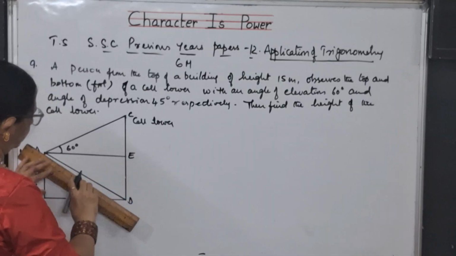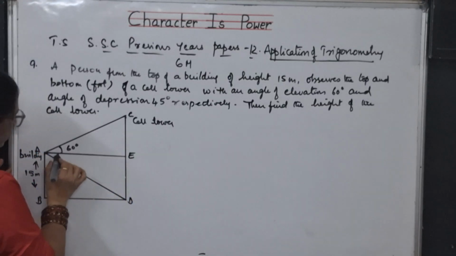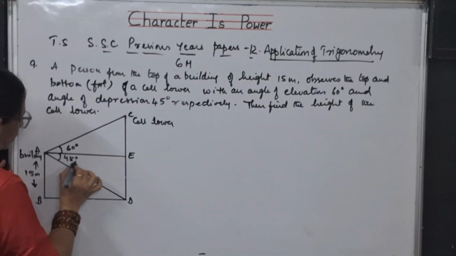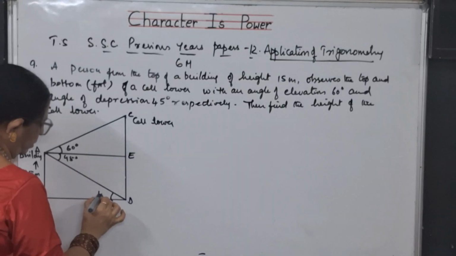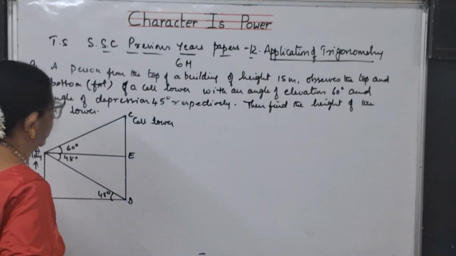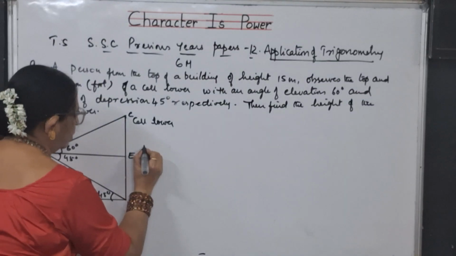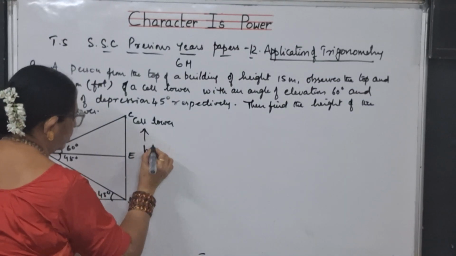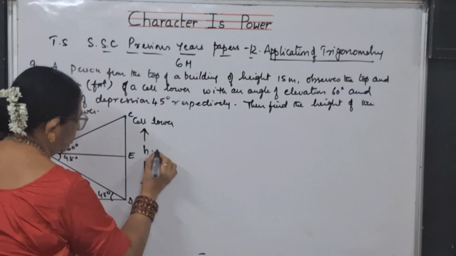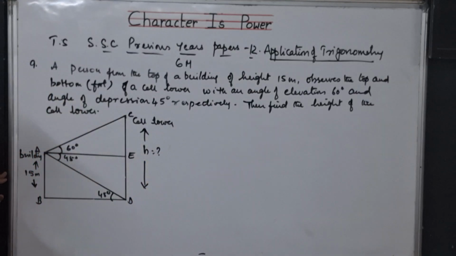Angle of depression is 45 degrees. If this is 45, this is also 45 degrees, alternate angles. Now you have to find out what is the height of the cell tower. What is this height? You need to find out.